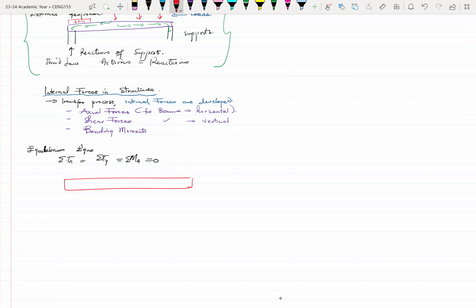Some of the forces are axial, horizontal if they are beams, or shear, vertical if they are beams. And also we have the moment, which we call the bending moment.